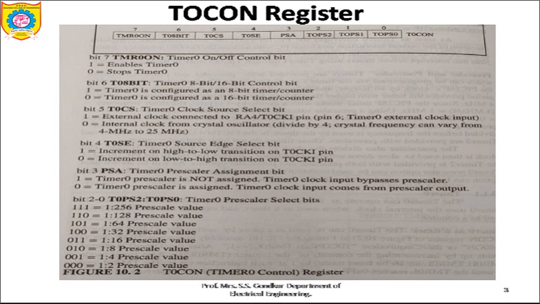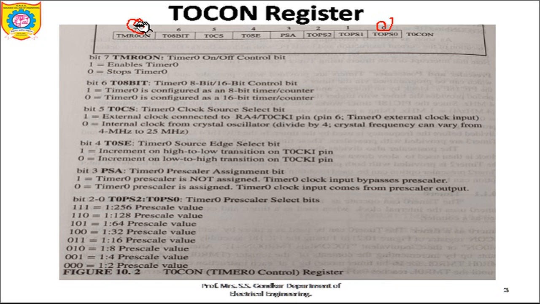On the screen you can see the T0CON register. It is an 8-bit register, starting with bit 0 over here and bit number 7 over here, so 0 to 7 is 8 bits. Timer 0 can be used as a counter.